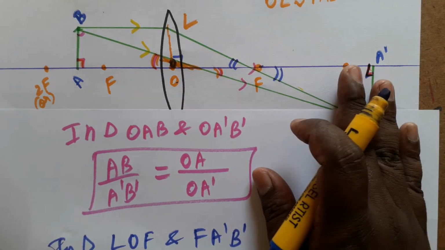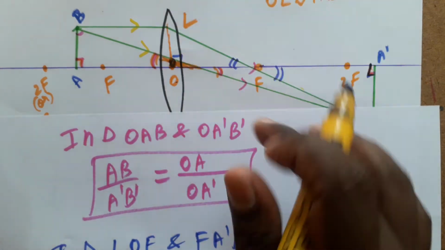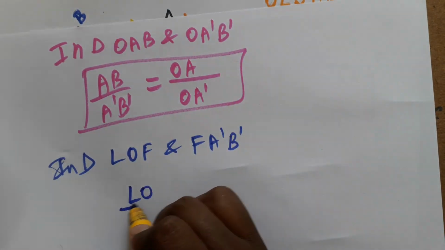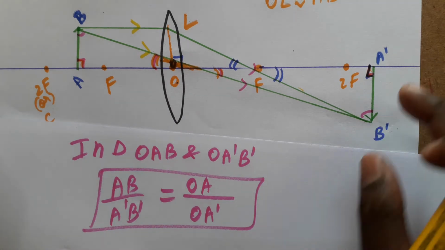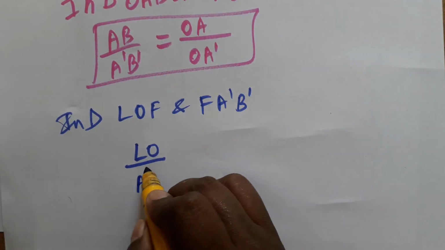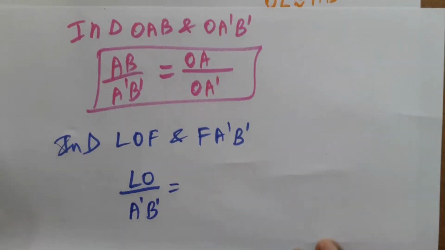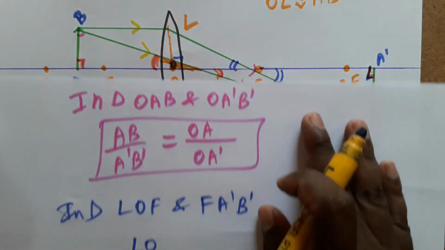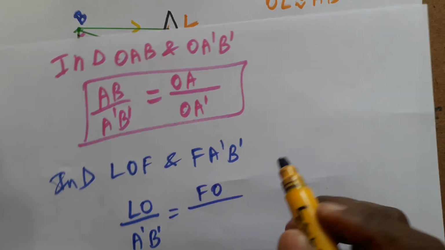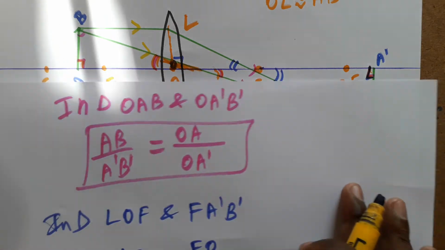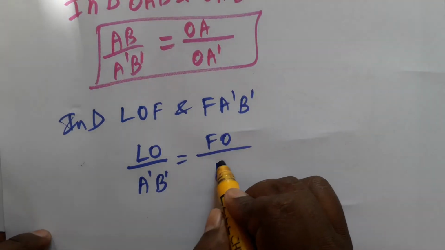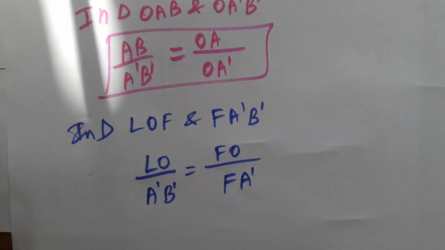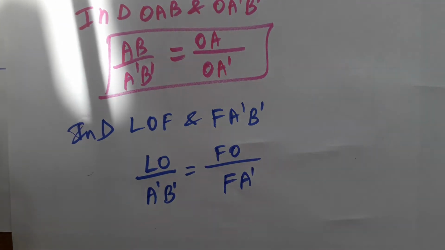That means you can take the ratio formula: LO divided by A'B' is equal to FO divided by FA'. If you have proved they are similar triangles, you can take the ratio of whichever sides you want.